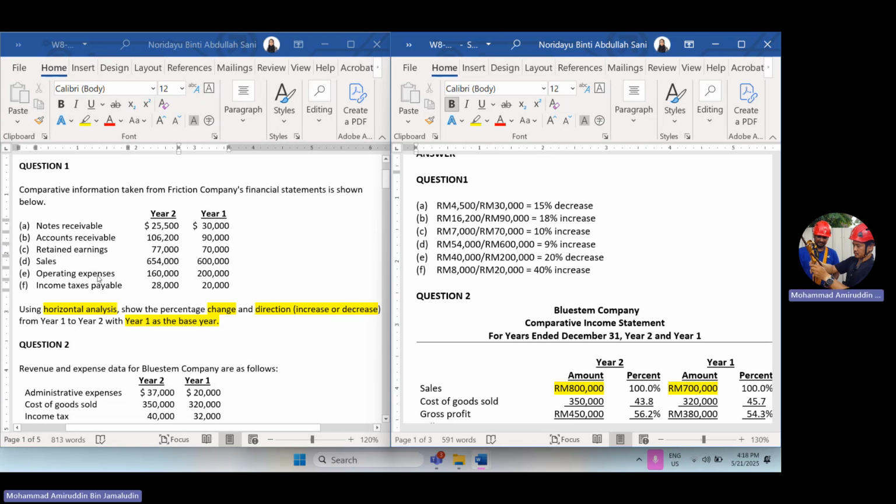Operating expenses, 200,000 reduced to 160,000. The difference, 40,000 divided by 200,000, is a 20% decrease. It can explain the possibility of why this company's sales increased by this much, because they are able to reduce the operating expenses.